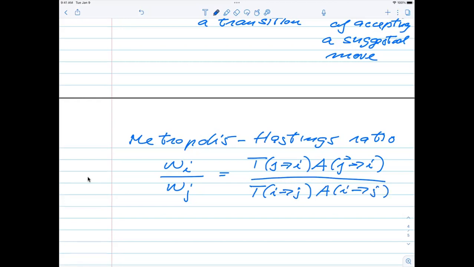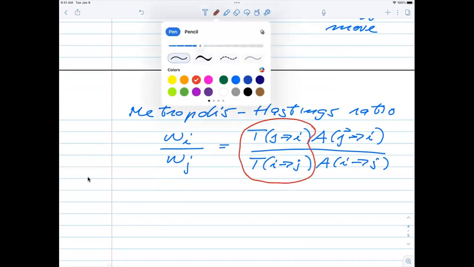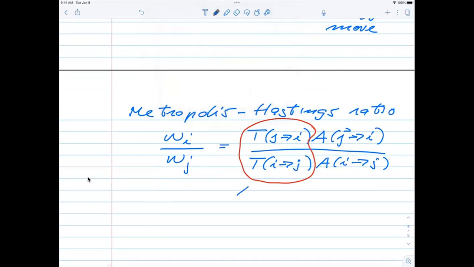Now, in many cases, you don't know this probability T. This probability T is something which we are going to make a model of now. So this probability T is normally unknown.